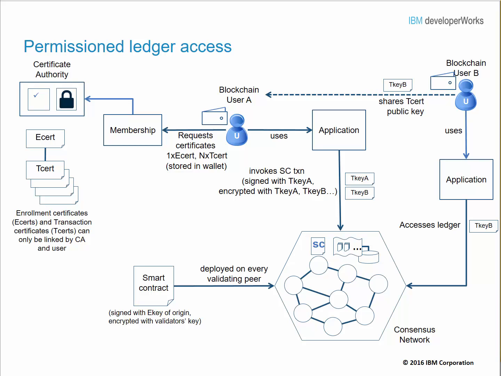In other words, when the smart contract is actually being invoked, the validating nodes will use their keys to decrypt the smart contract as it's stored encrypted in the ledger, and then run them as part of the consensus protocol. And that is how smart contracts can be stored in the public ledger, but can be protected so that they are not publicly accessible.